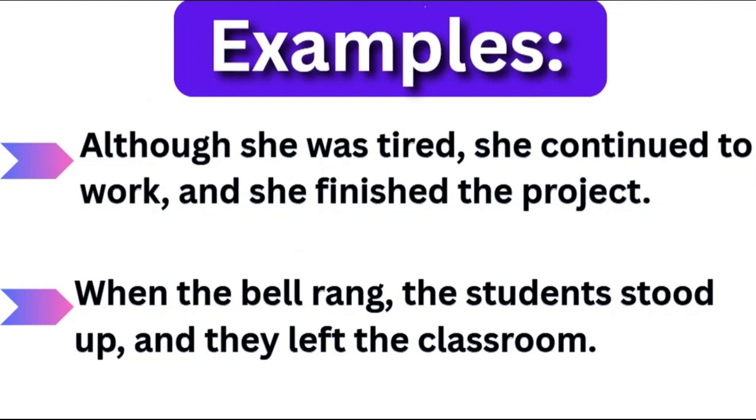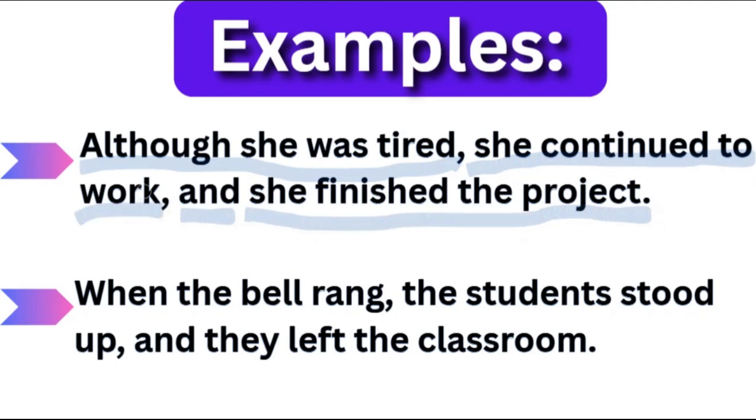Examples. Although she was tired, she continued to work and she finished the project. In this sentence, although she was tired is the dependent clause. She continued to work and she finished the project are two independent clauses joined with and. Altogether, it forms one long, complete sentence.